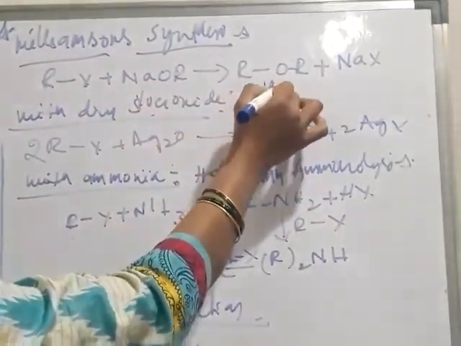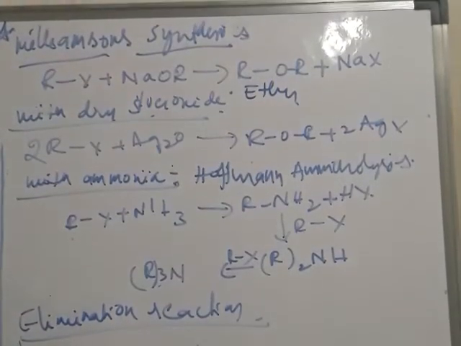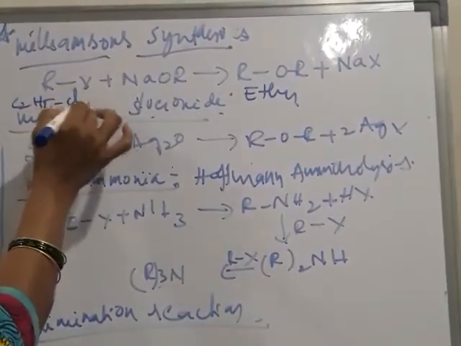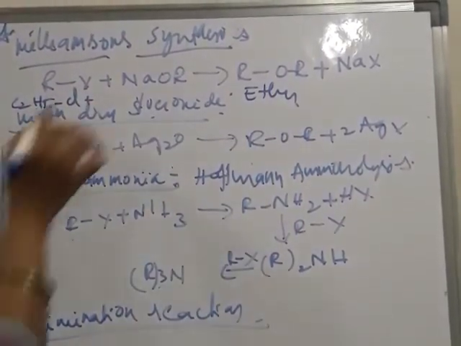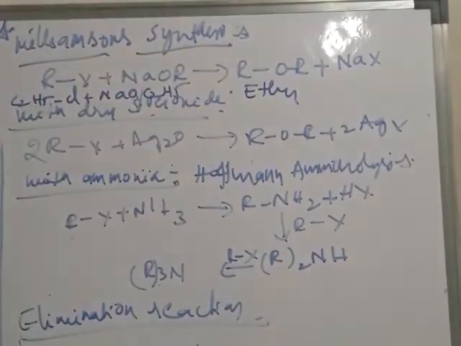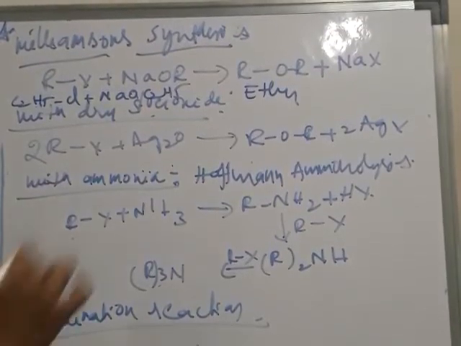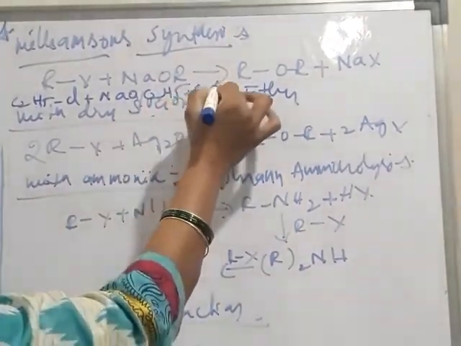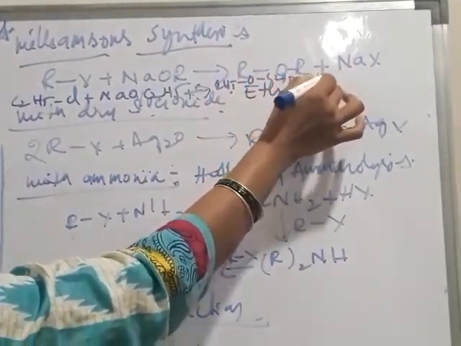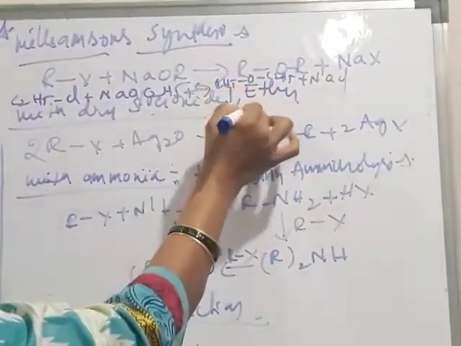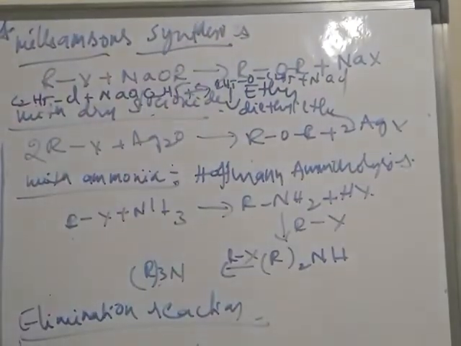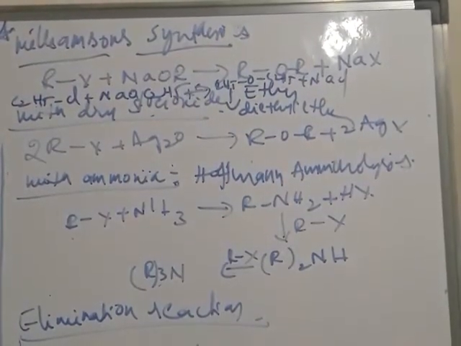For example, if the alkyl group is C2H5, ethyl chloride with sodium ethoxide, we get diethyl ether along with sodium chloride. So this is Williamson synthesis, which is used for the preparation of ethers.